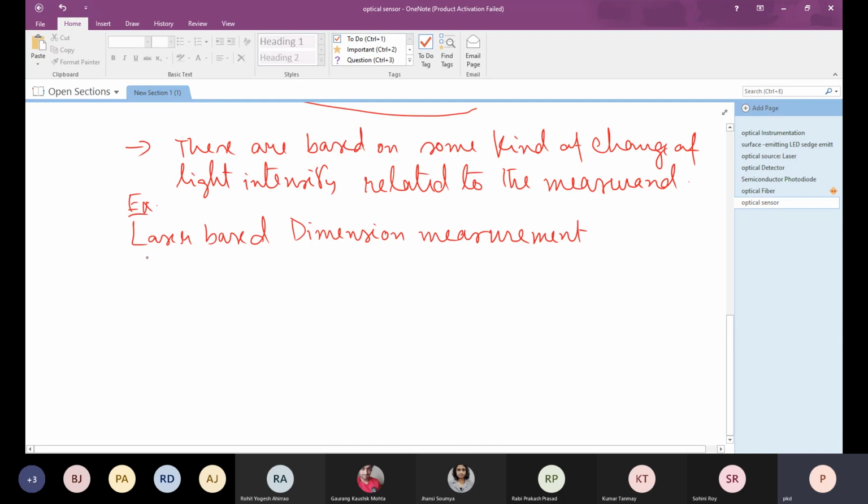Laser-based dimension measurement, that is used in rod, bar and wire industries, even for optical fiber as well.